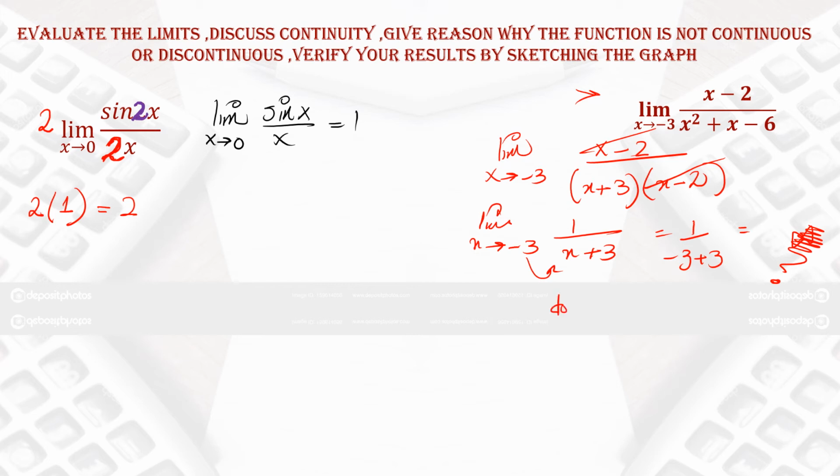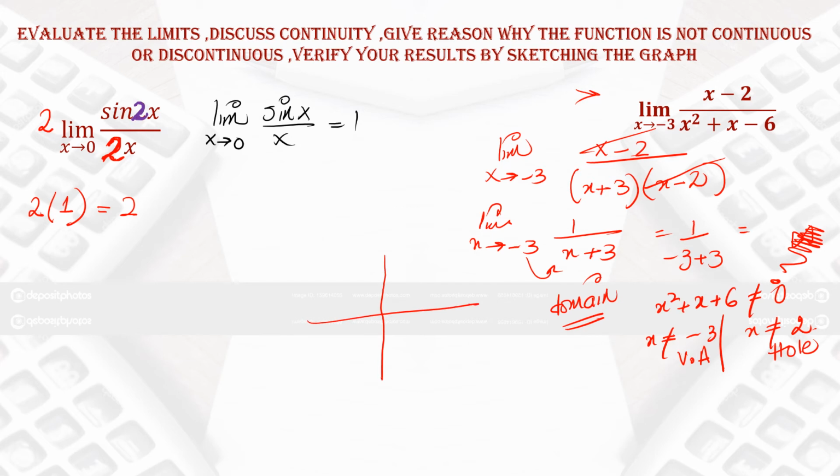Now, write the domain, as it is important to find out that at negative 3 this is really the vertical asymptote. We take the denominator and write not equal to 0. And you can say that x not equal to negative 3 and x not equal to 2. The part that cancelled out is the hole, whereas the part that doesn't cancel out in the equation is the vertical asymptote. So at negative 3 is the vertical asymptote.